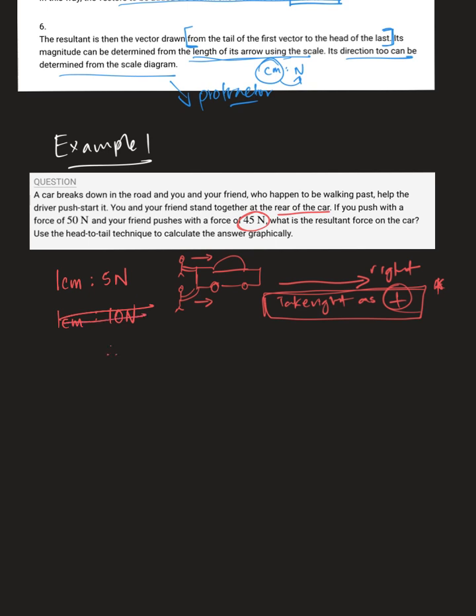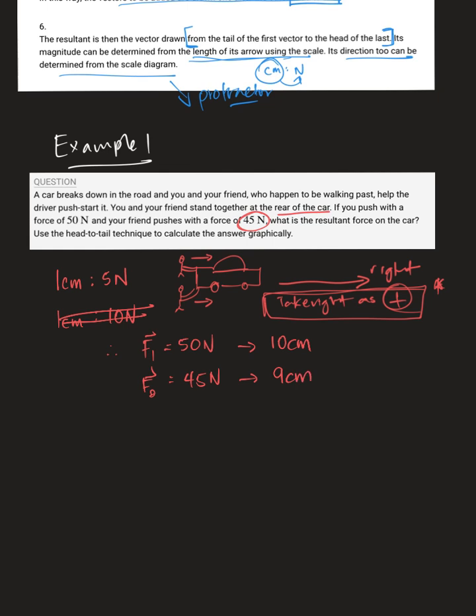So, therefore, I've got force 1, which is equal to 50 newtons. And if I have 1 centimeter is 5 newtons, that means I'm going to have 10 centimeters. Right? My force 2 is 45 newtons. And that's going to give me 9 centimeters.